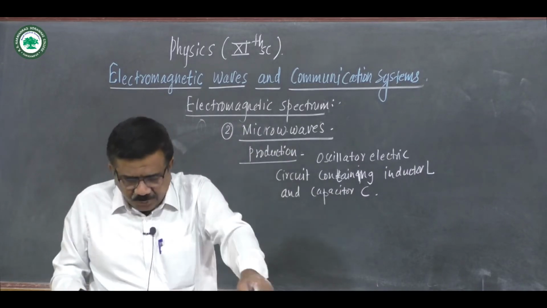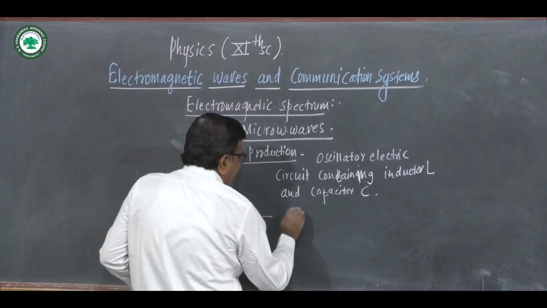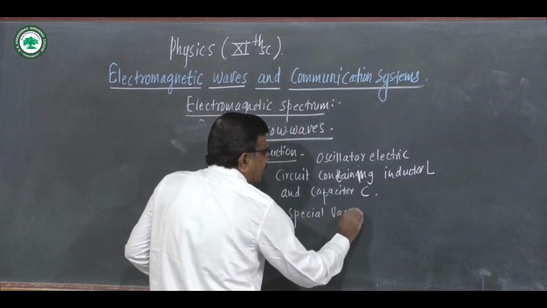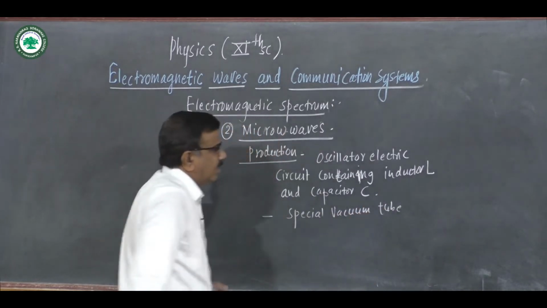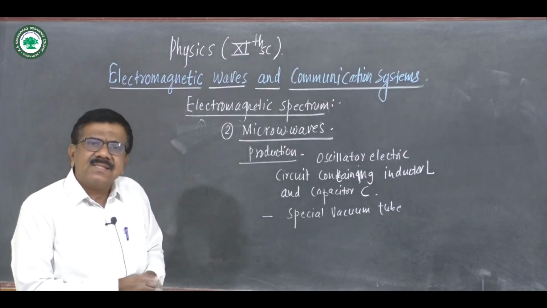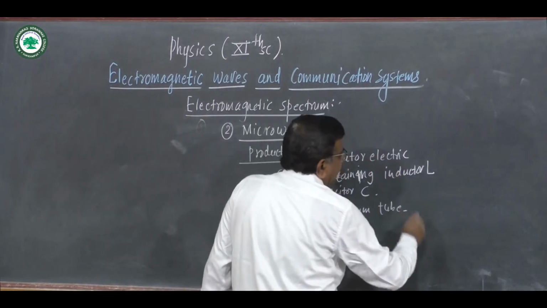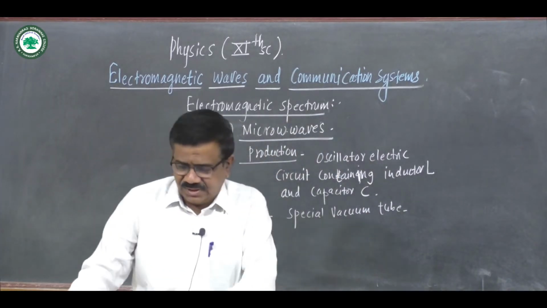They can also be produced by special vacuum tubes. Vacuum tubes are semiconductor devices. By using the special vacuum tubes, these microwaves can be produced.